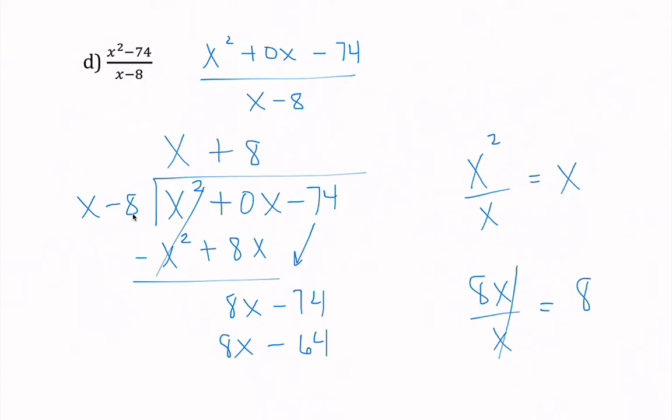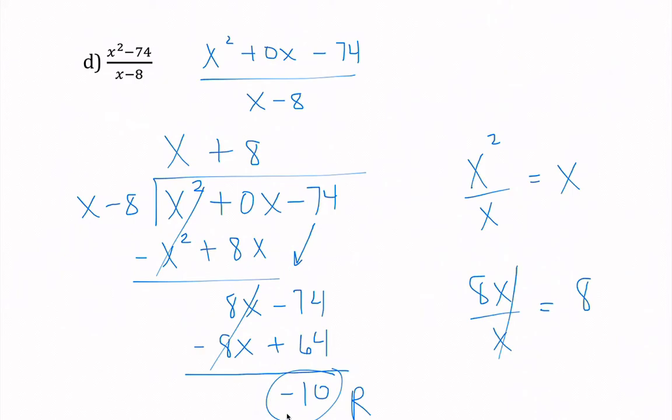So on to the subtraction step. I take my bottom row and I make everything opposite. That was a positive 8x, so I give it a negative. That was a minus 64, so I change it to a plus 64. 8x minus 8x, opposites cancel. A negative 74 plus 64 is going to give me a negative 10. From here we would drop down, but since there's nothing else to drop down, this is my remainder.